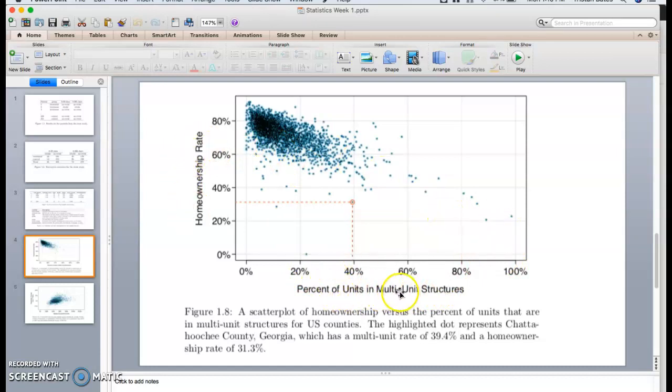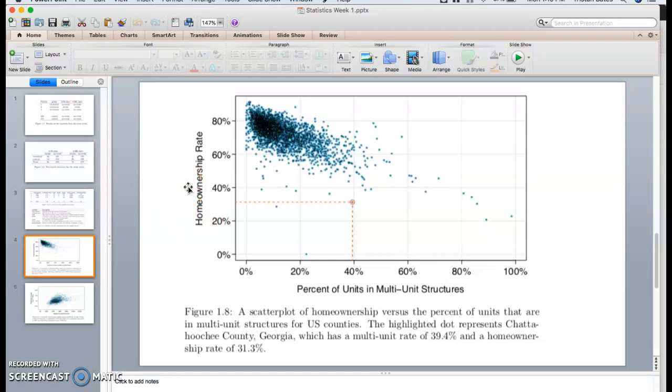So as you get more and more multi-unit structures, less and less people own, which should make sense because if you have more multi-unit structures, you would expect more people rent in apartments and stuff because those come in the multi-unit structures. So therefore, not as many people own because they, in fact, just rent out the apartment.